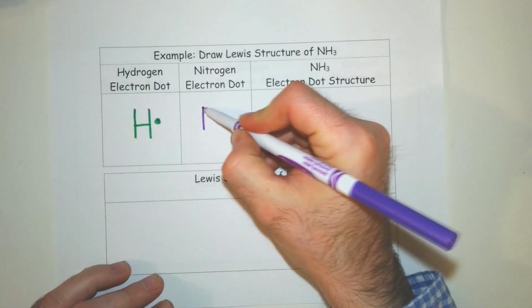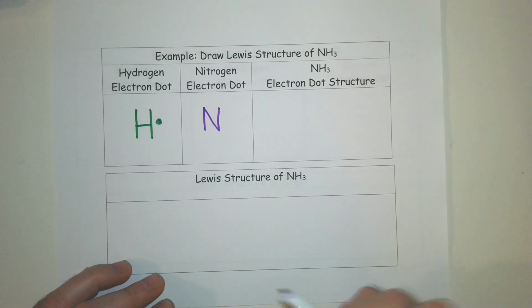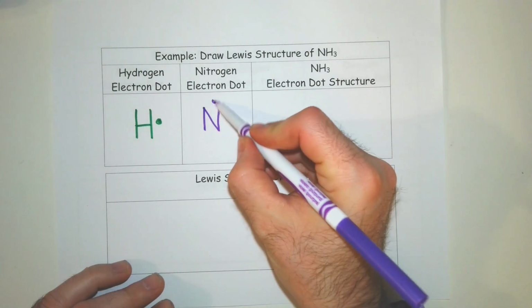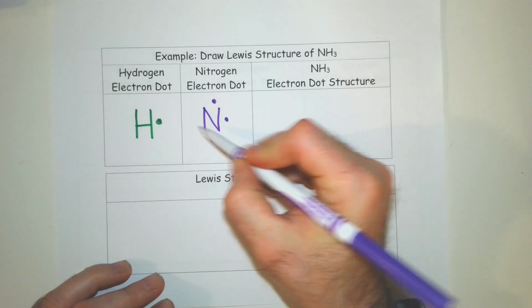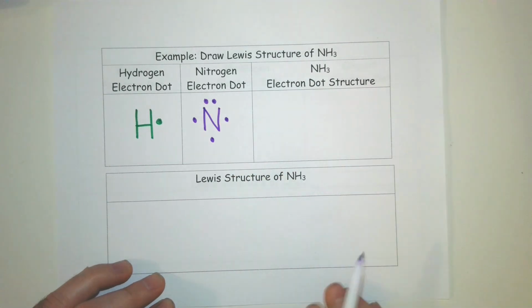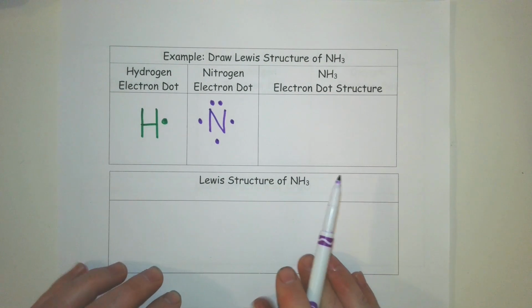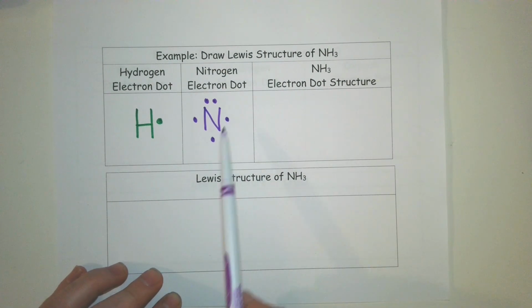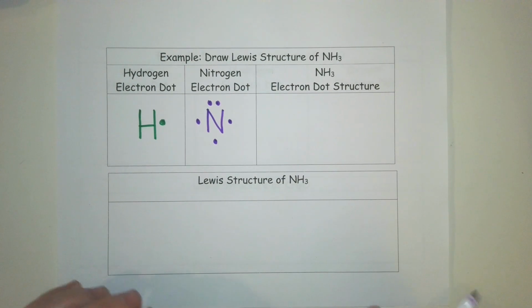Nitrogen is in group 15, so it's going to have 5 valence electrons. 1, 2, 3, 4, 5 valence electrons. And so we see here that we have 1, 2, 3 electrons that are not in pairs. And so those electrons are going to want to connect with other atoms to form a pair.